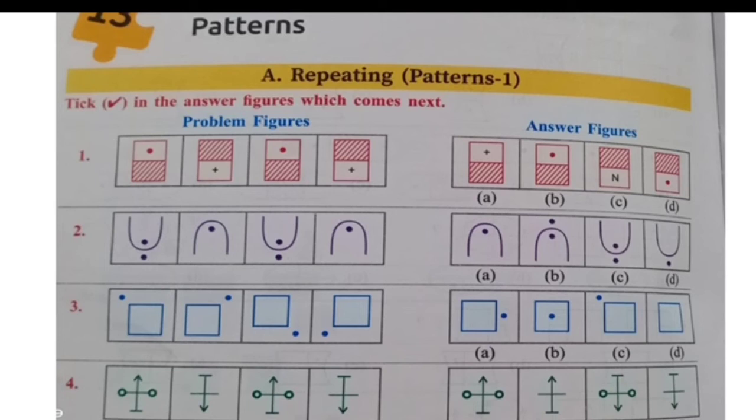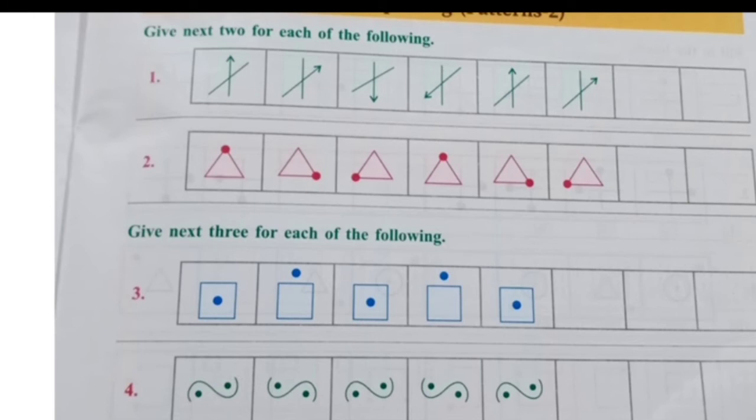Okay. D option also wrong because it is already shown in our fourth picture. And as per the problem figures, we have to find out the next option. That is why A answer will be our correct figure. Got it?